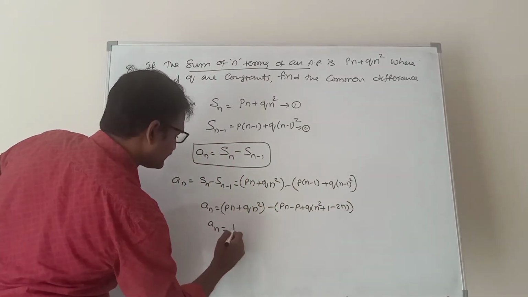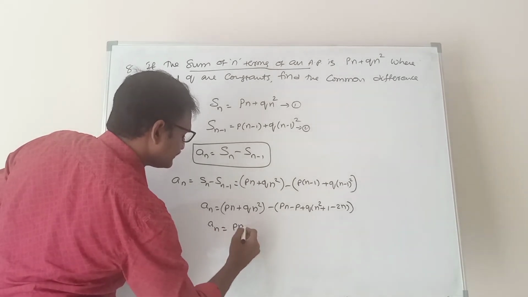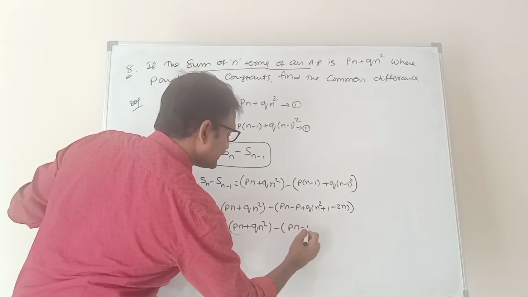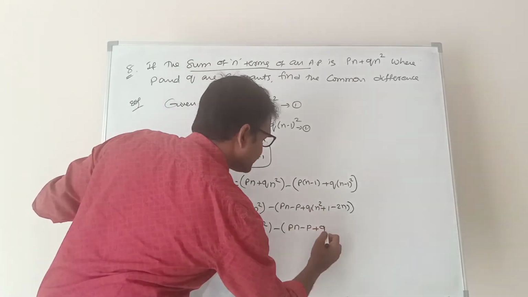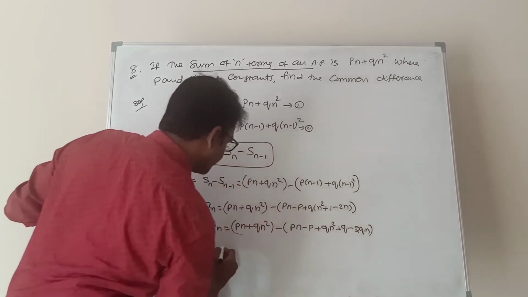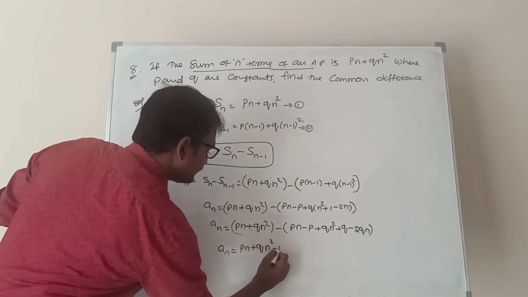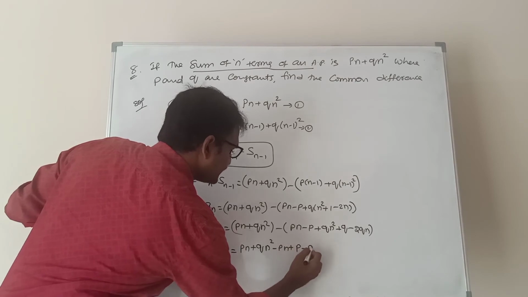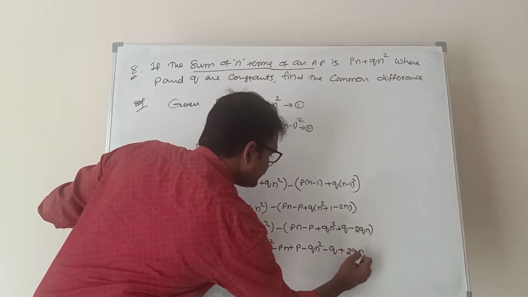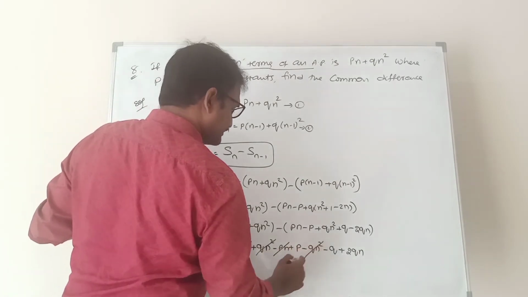So a_n is equal to pn + qn² − pn + p − qn² − q + 2qn. The pn − pn gets cancelled, and qn² − qn² gets cancelled.